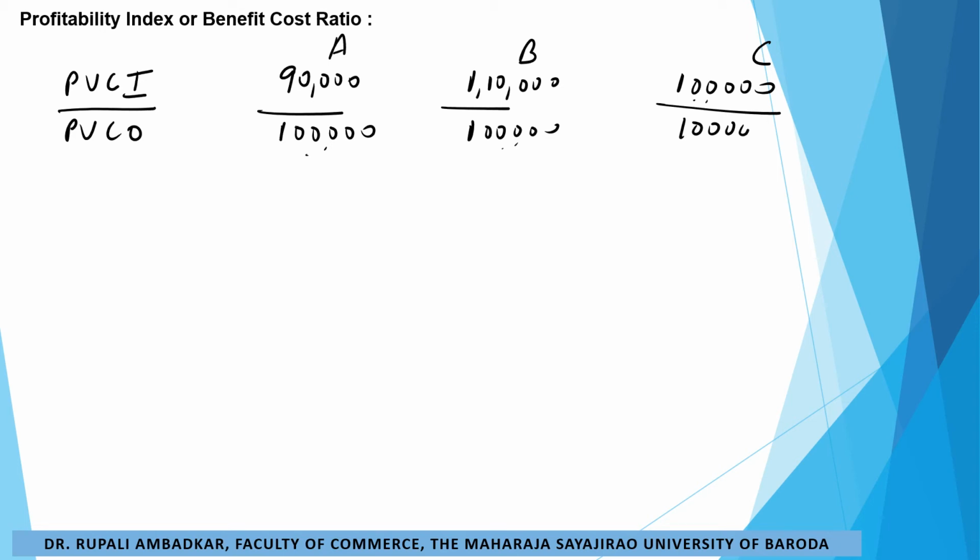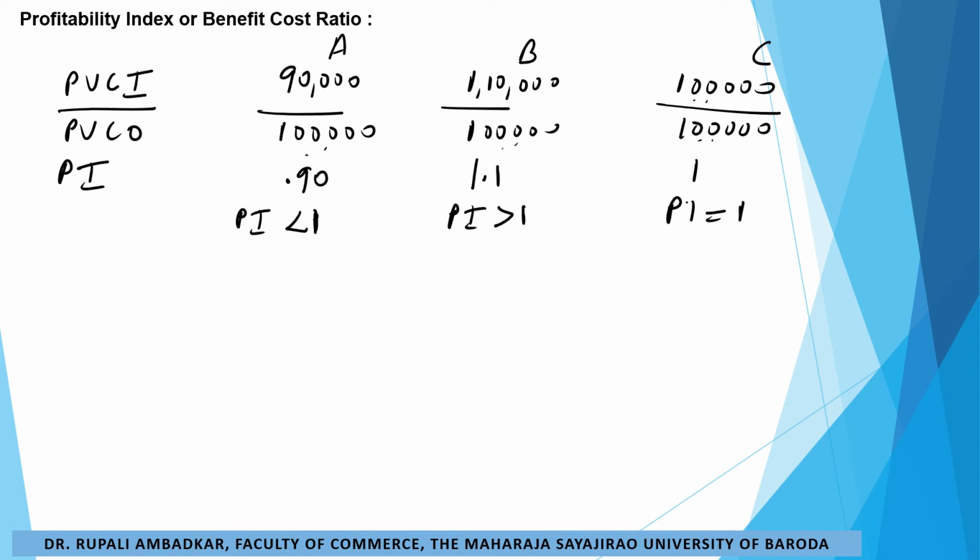So we now calculate our profitability index. In case of project A, the profitability index is 0.90, that is 90 by 1. In case of project B, it is 1.1, and in case of project C, it is 1. So profitability index is less than 1, greater than 1 and equal to 1.